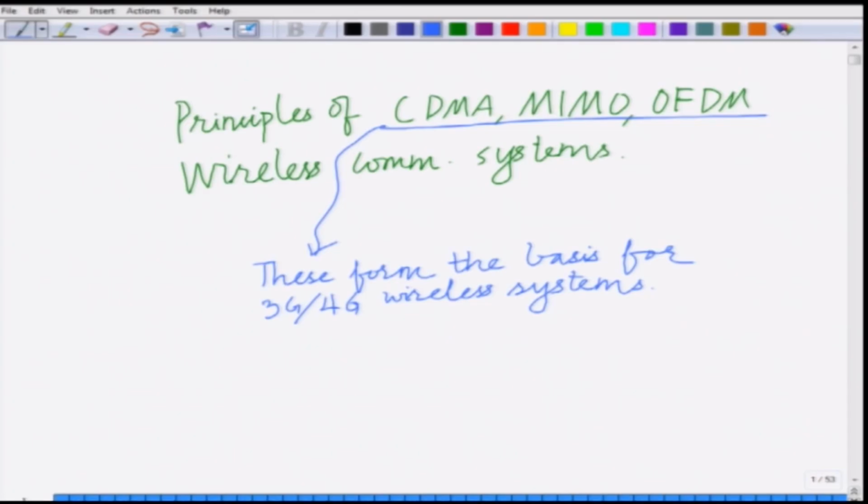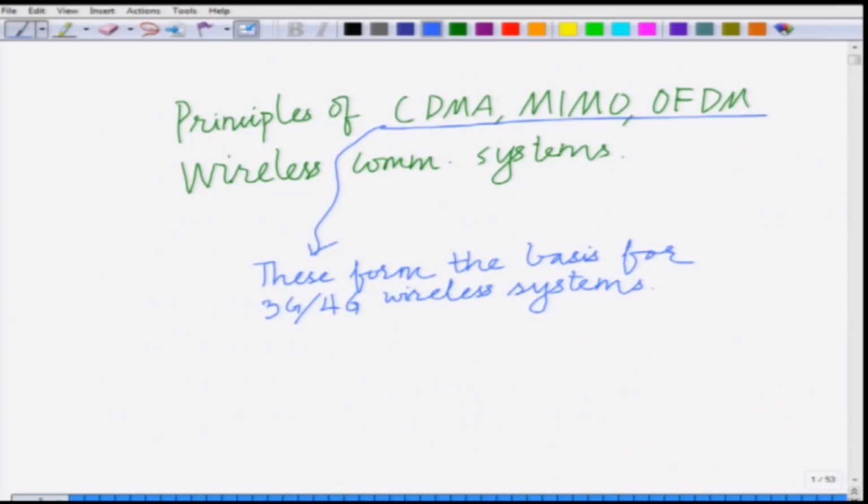So to better understand the impact of these technologies, that is CDMA, MIMO and OFDM, let us briefly look at the evolution of the wireless communication systems, that is, how have the wireless communication systems and standards evolved over the different generations of wireless technologies.